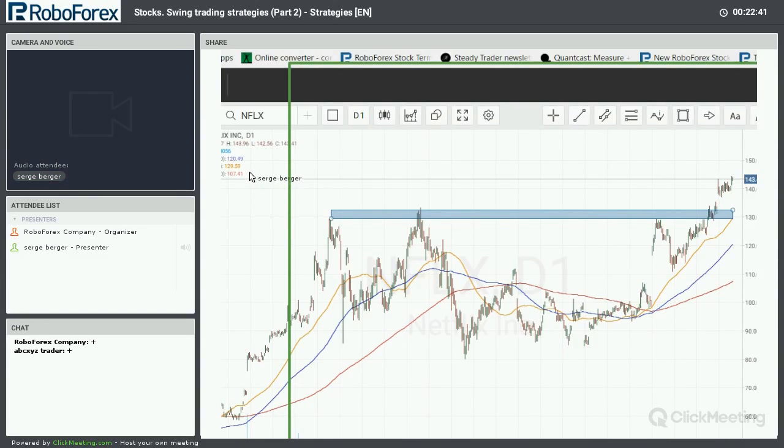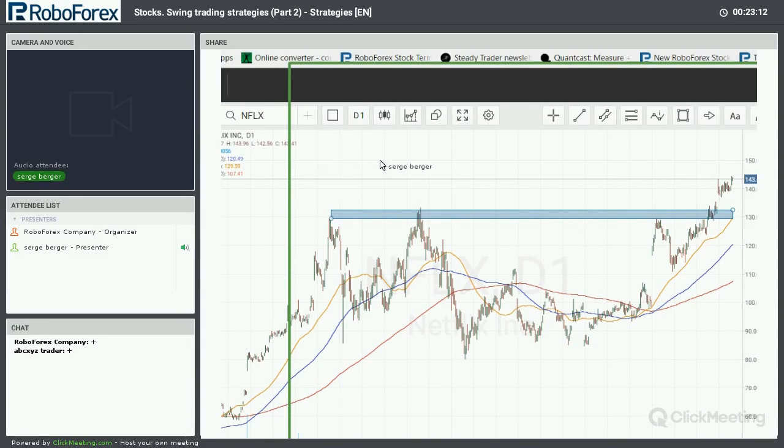We've had a Netflix, a stock that had very clear technical resistance around $130 several times over the past time period that we're looking at, past couple of years. So one time here, we found resistance near $130. Again, this is this blue zone that I just marked.